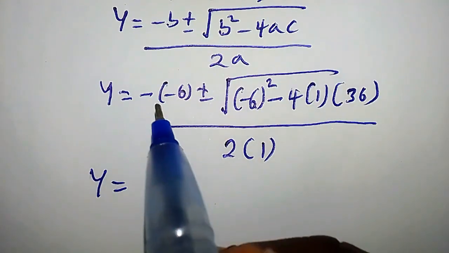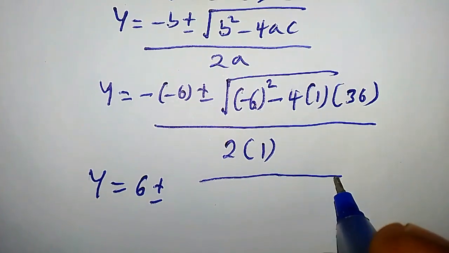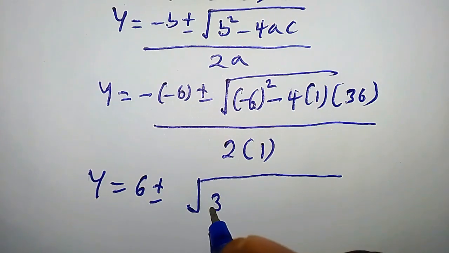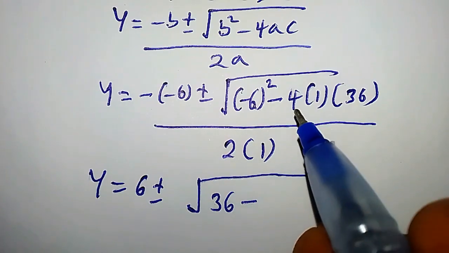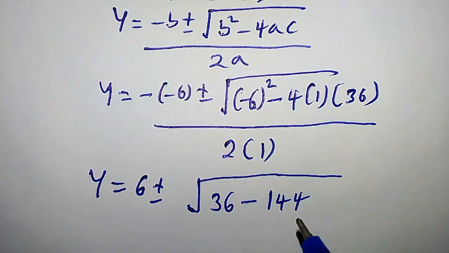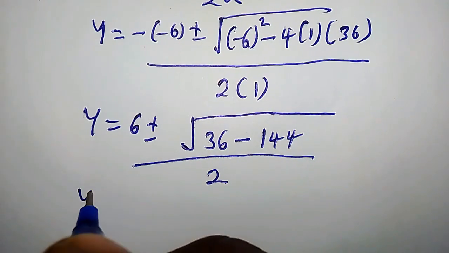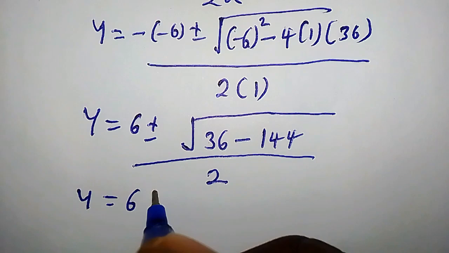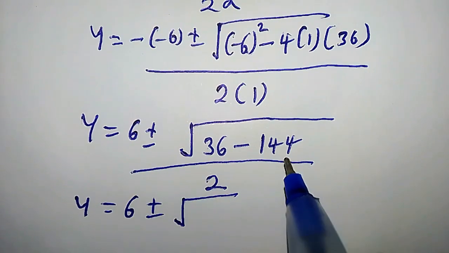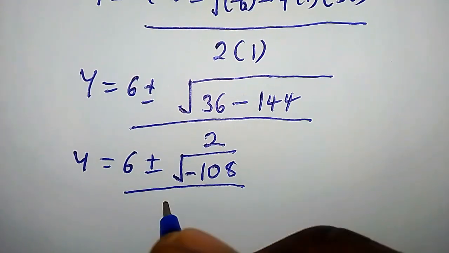y equal to minus times minus 6, that is 6, plus or minus square root of minus 6 all squared, that is 36, minus 4 times 1 times 36, that is 144, divided by 2 times 1, that is simply 2. So we have y equal to 6 plus or minus square root of 36 minus 144, that is negative 108, divided by 2.